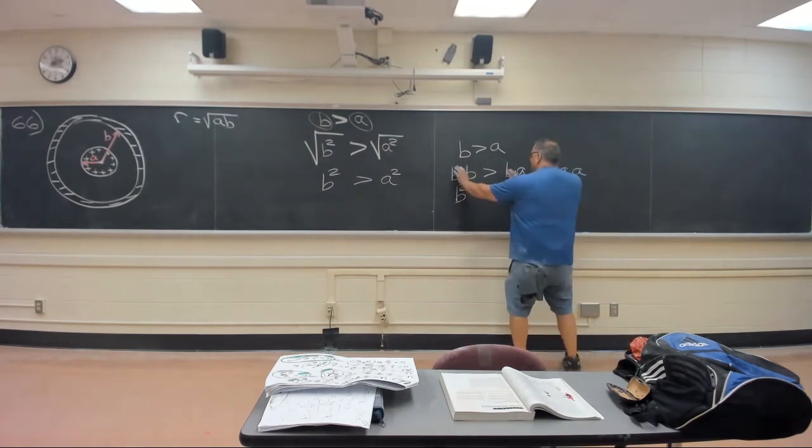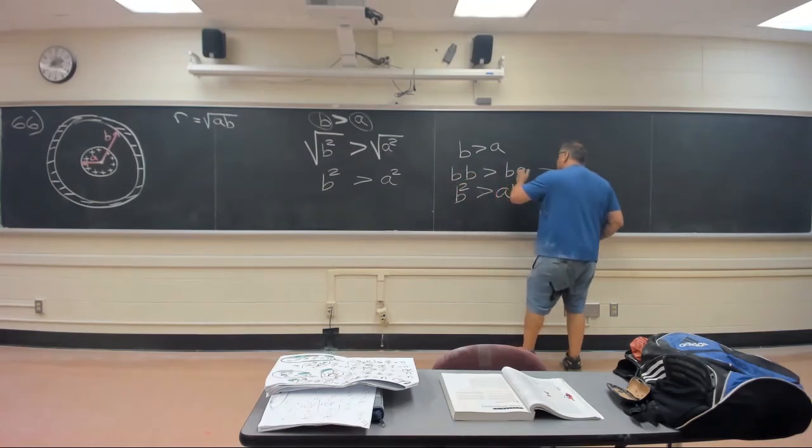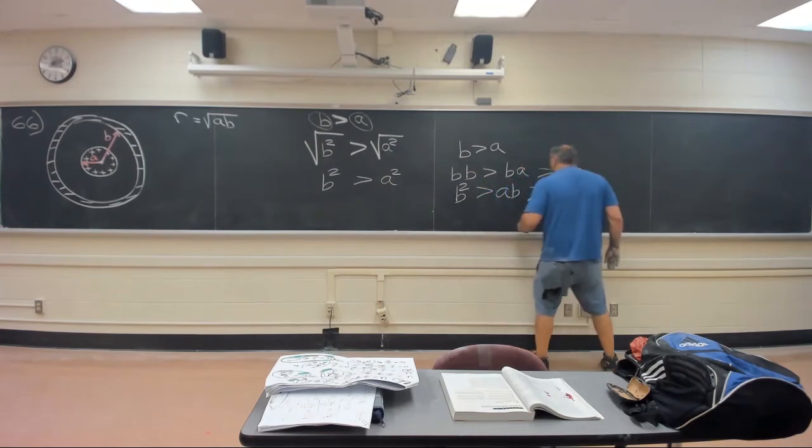Again, if B is bigger than A, then multiply by B over here and by B over here, and BB is going to be bigger than BA because A is small compared to B being big.